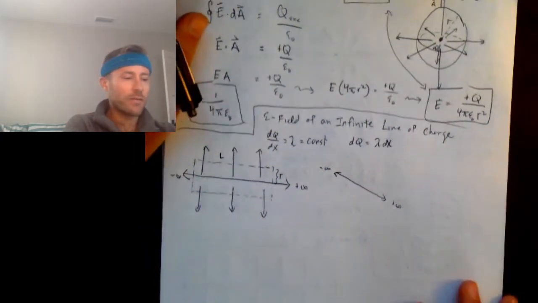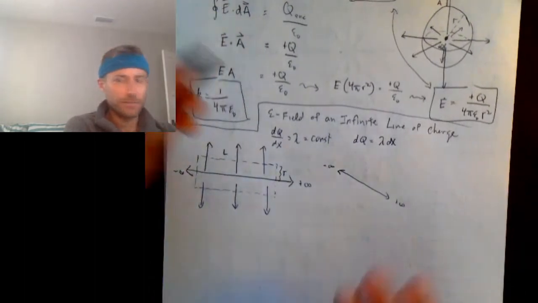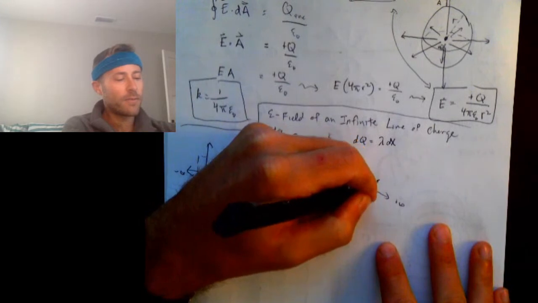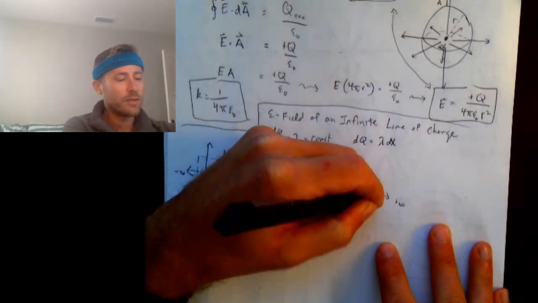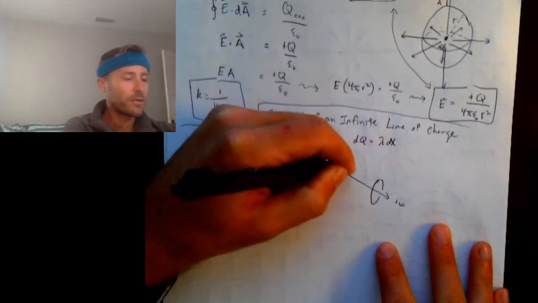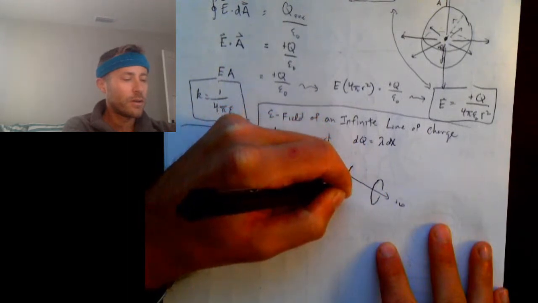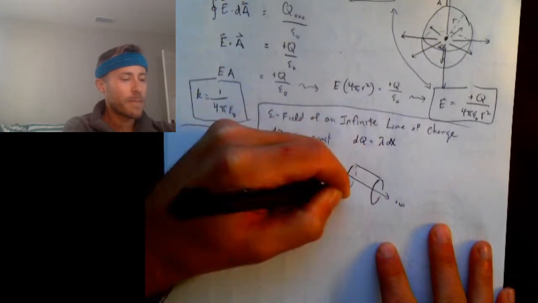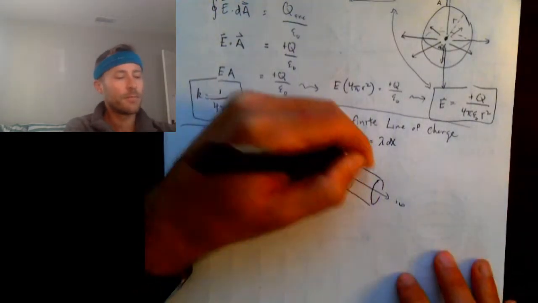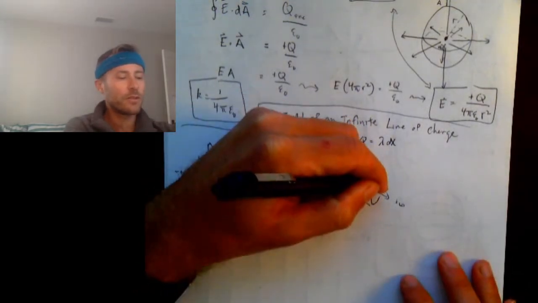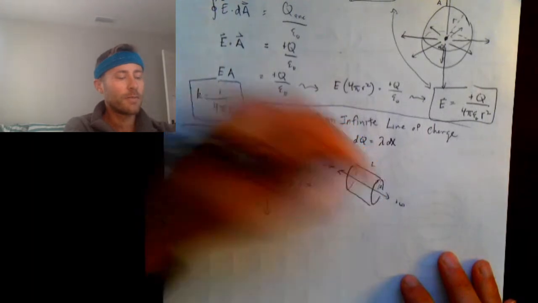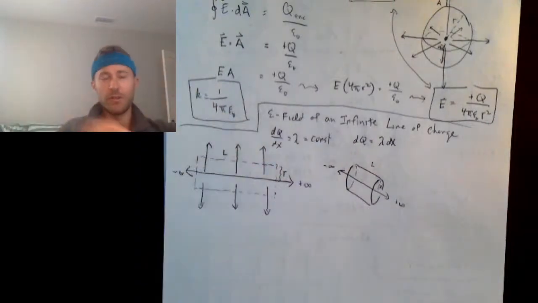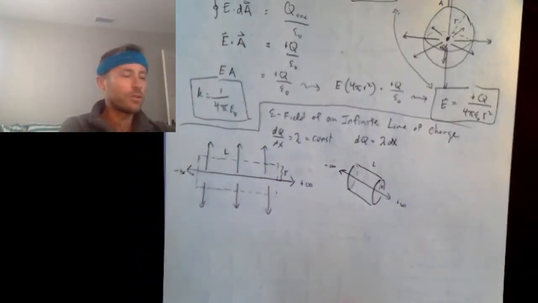What does this look like from the 3D perspective? The cylinder is basically wrapping around the infinite line of charge. So here's L and here is R. Let's apply Gauss's law.